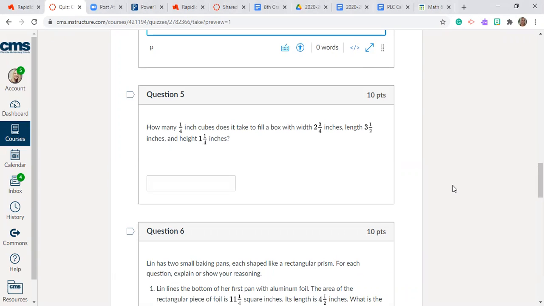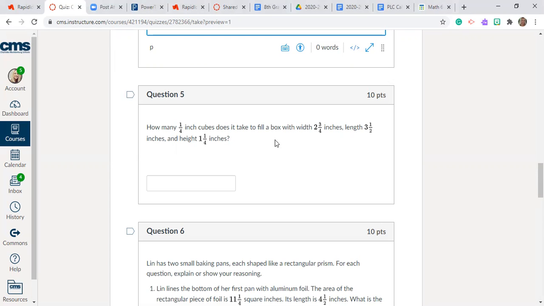How many 1/4 inch cubes does it take to fill a box with a width of 2 3/4 inches, length of 3.5 inches, and height of 1 1/4 inches? Now I'm going to give you a hint.